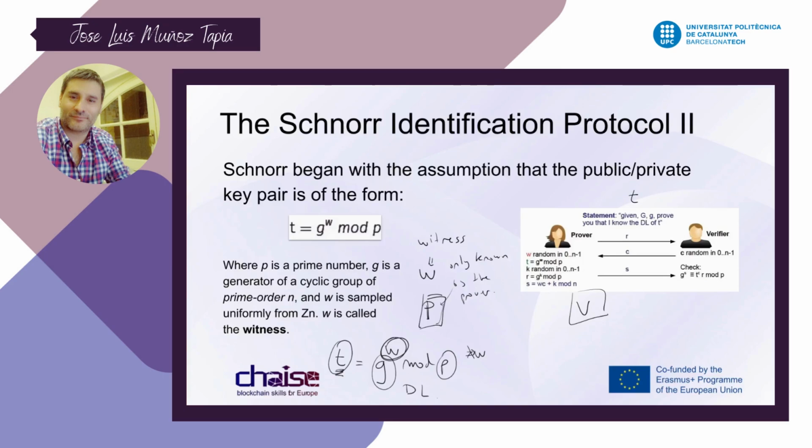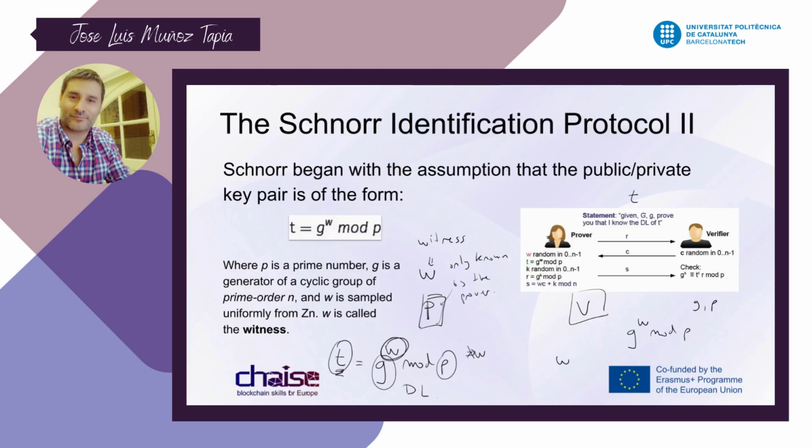Okay, so let's go again. If I have a number that we call G and I raise it to W and I do modulo P, you can do this operation if you know W. G and P are parameters that we know. This is the statement.